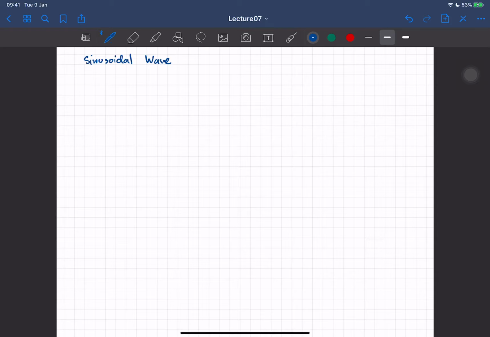So how do we describe a sinusoidal wave? Well, we need to again set up some coordinates here. Actually, I want to do it later because I want to copy something. So I'm going to draw a sine wave to the best of my ability, something like this.